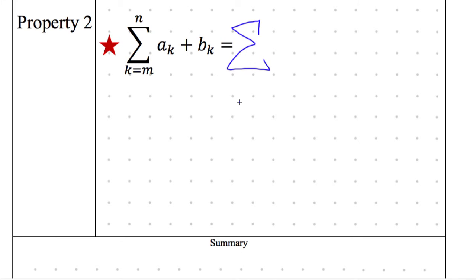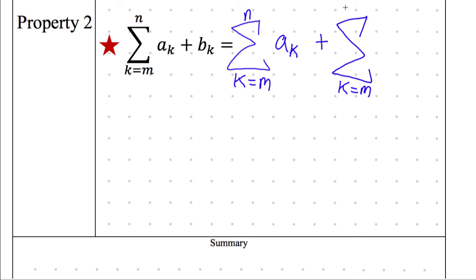All right, so sigma from k equals m to n of a sub k. So that's the first problem, and I can add that to the second problem, right? I can add that to also a sigma from k equals m to n of the second problem, which was b sub k. There's your second property that you need to know, which means you can just separate it into two different problems whenever you see addition.